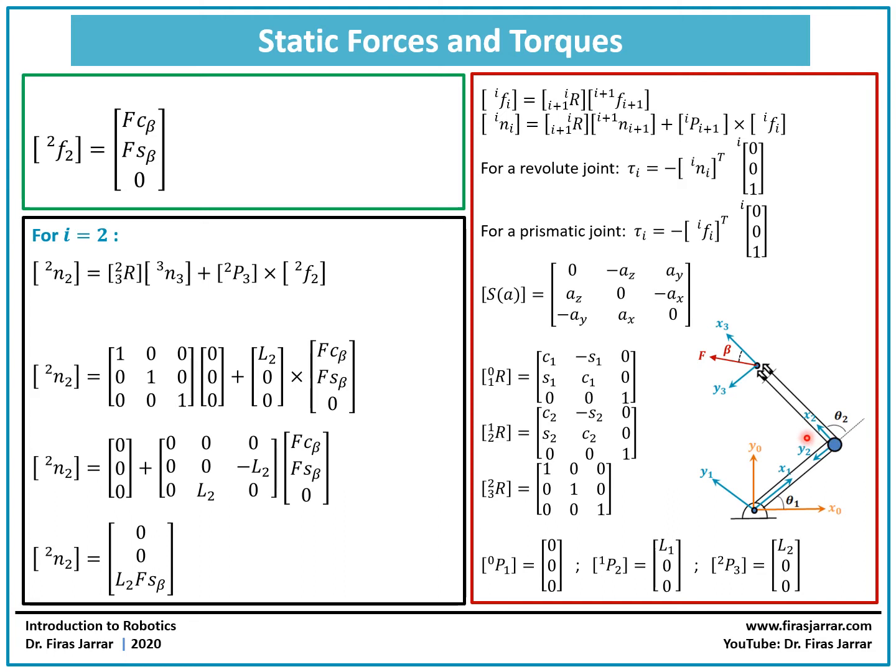And this moment is computed by taking the component of F along the y-axis, which is perpendicular to this distance, and multiplying it by the distance L2. So I have F times sine beta times L2. This is the moment about this joint.